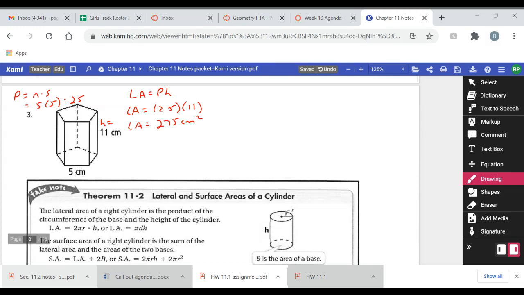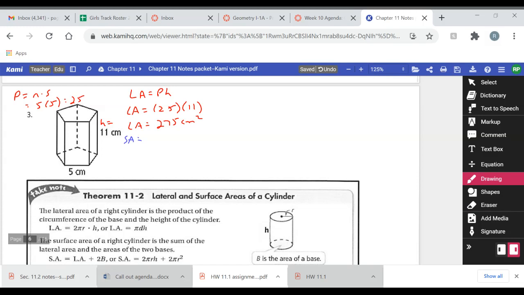Okay, now for the total surface area, let's switch colors for that. I've got pH plus 2, or I shall just write lateral area.